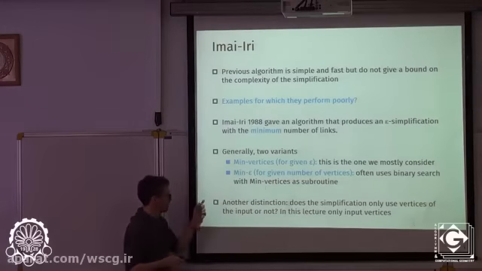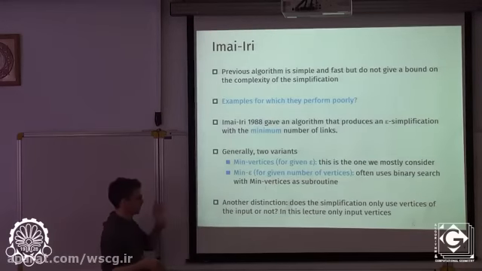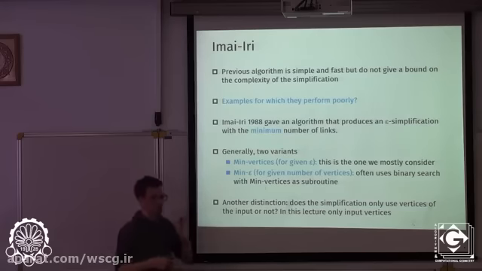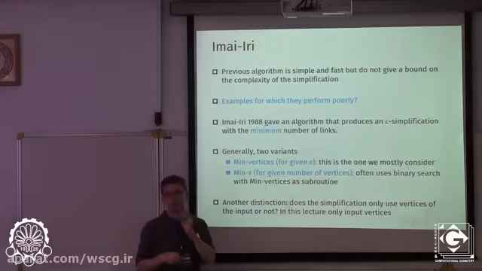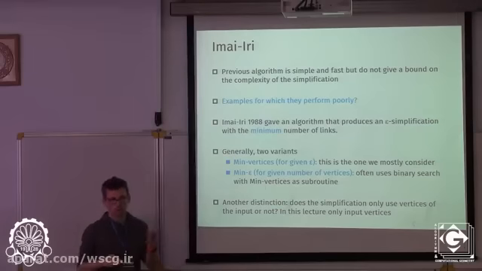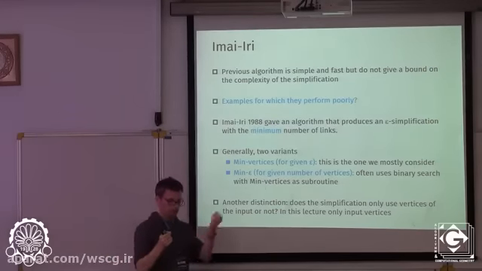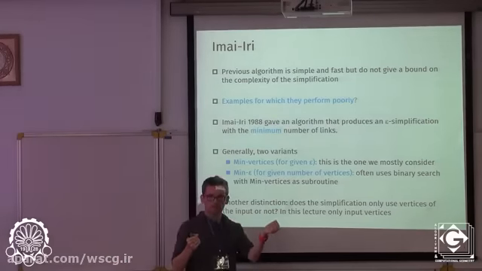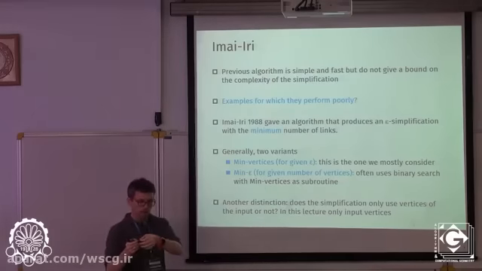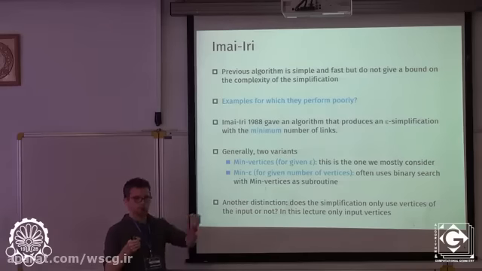And for nearly all of the time I will be focusing on the case where the vertices are part of the input. And then the most natural setting also is that if I have two consecutive vertices in my simplification, they should also represent the part of the original trajectory that is between those two vertices.